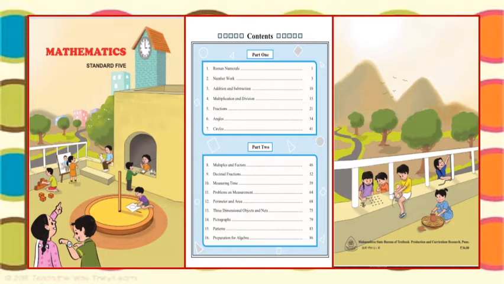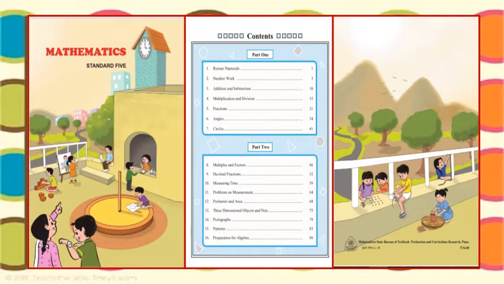It has also the pictures of children doing different types of activities. We can see here creativity and constructivism. Yes, nice portion you have this year. You will enjoy maths this year.